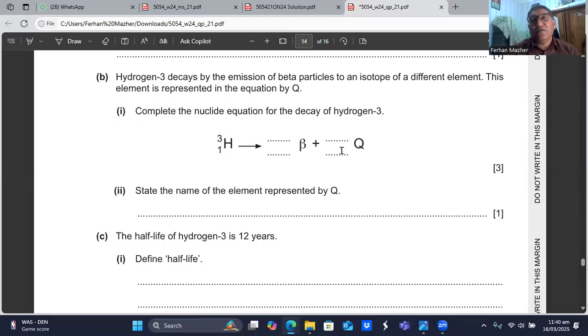So the daughter nucleus produced by the emission of the beta particle will have a proton number 2 and its mass number will remain the same, that will be 3. Basically what happens is a neutron breaks and gives out an electron and converts into a proton. So the proton number becomes 2 and the nucleon number remains the same.